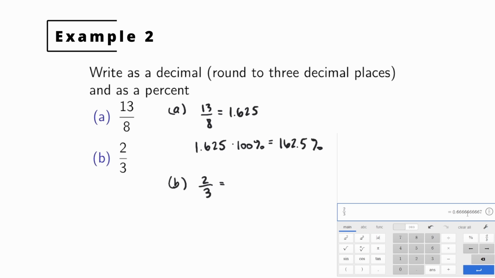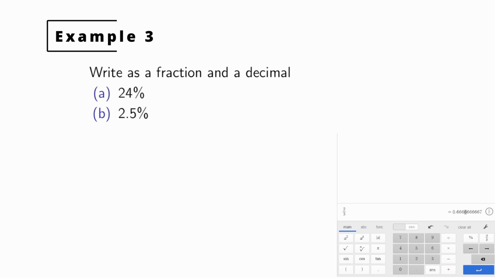We want to round this to 3 decimal places, so that will give us 0.66, and then since the 4th decimal place here is a 6, that's greater than 5, so we round that up to 7. Okay. And then to change this into a percentage, we take 0.667, we multiply by 100%, and we get 66.7%.